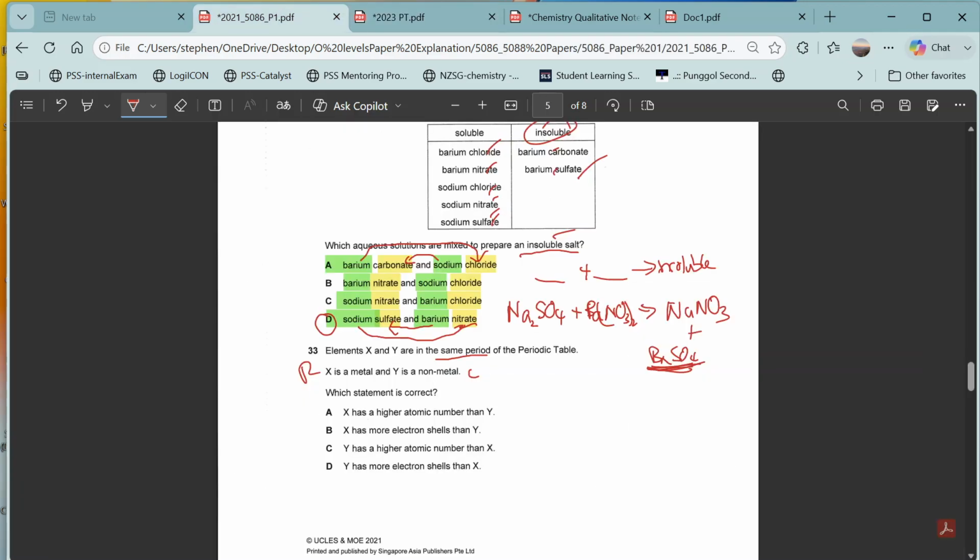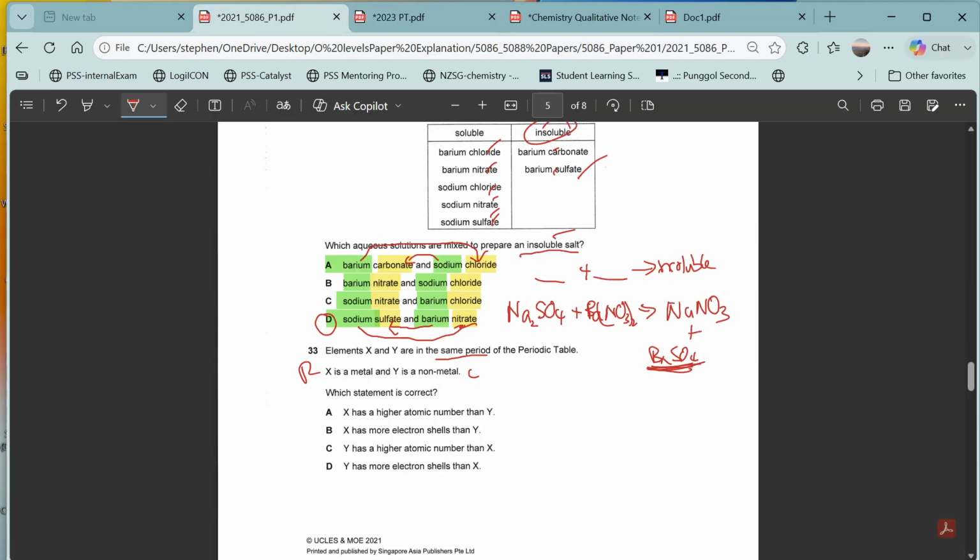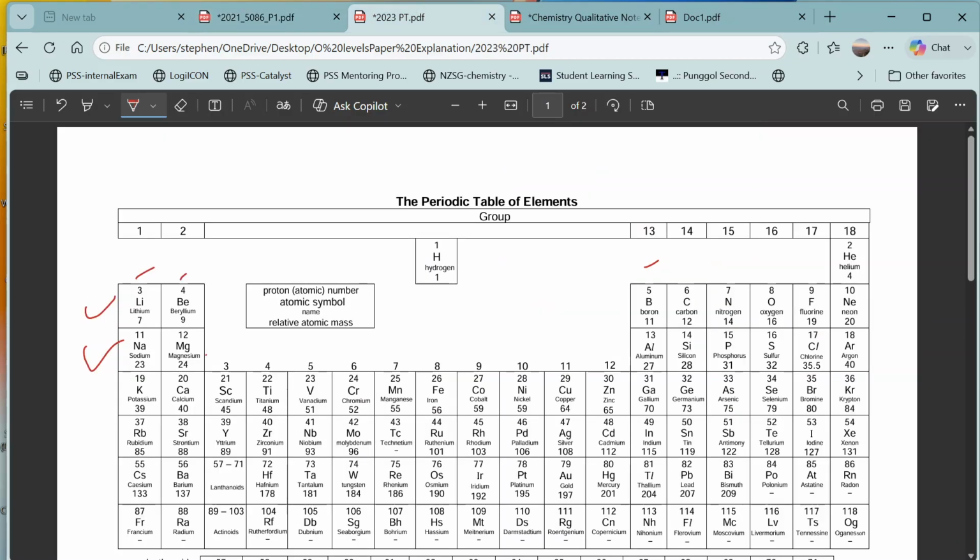Okay, X is a metal. So X is a metal. Does X have a higher atomic number? If you look at this, can the metal have a higher atomic number, which is also called the proton number?